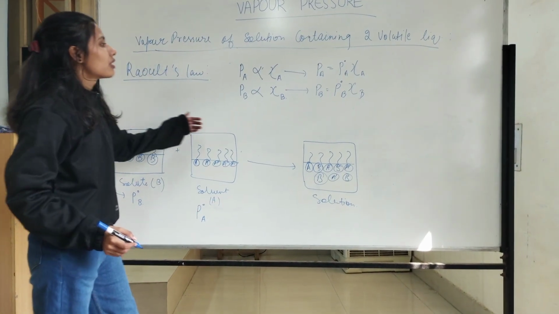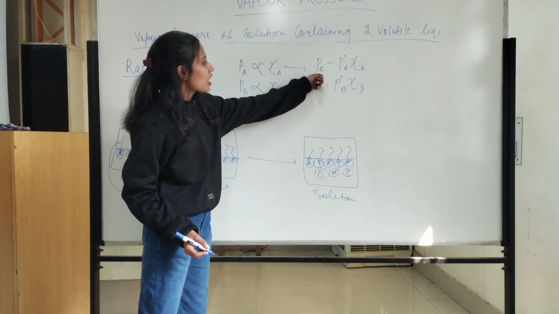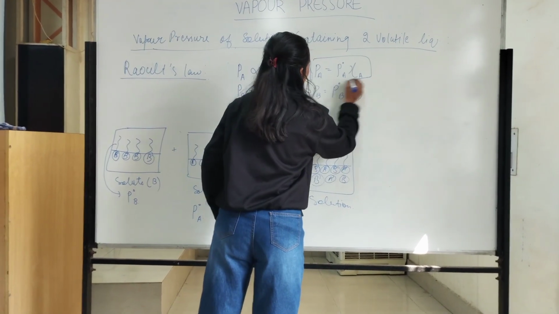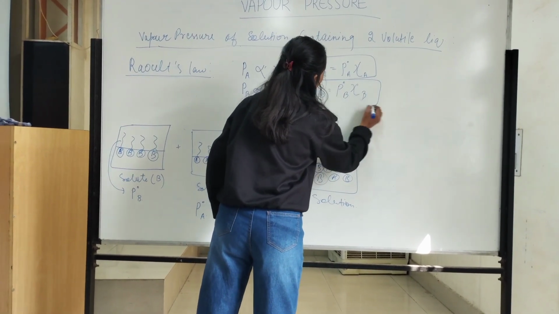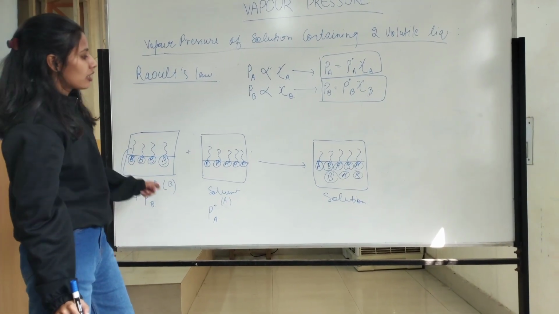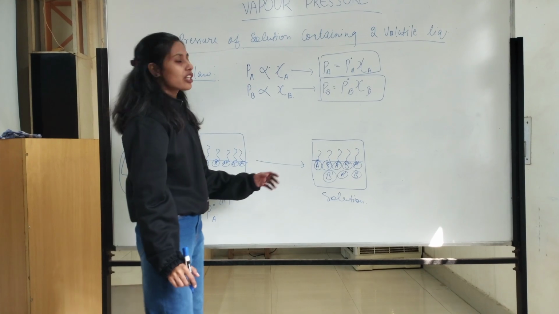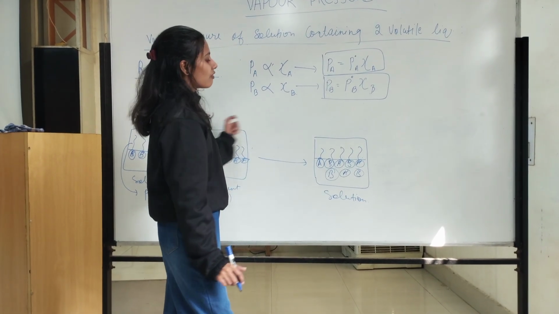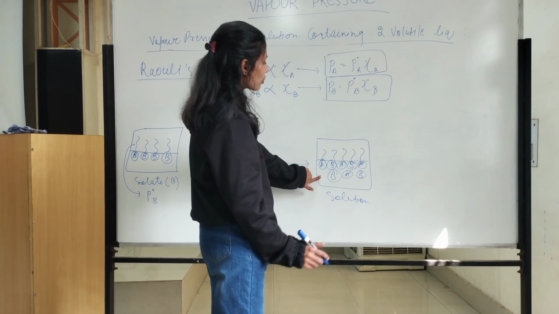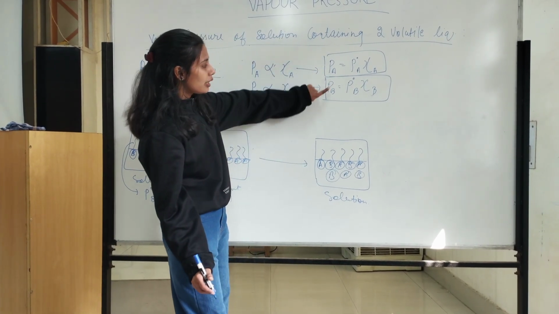Raoult's law gives the relationship between the partial pressure and the pure vapor pressure. So these are the partial pressures of PA and PB. If we know the partial pressure of these gases, we can also find their pressure in the solution. So for solution we have both A and B.